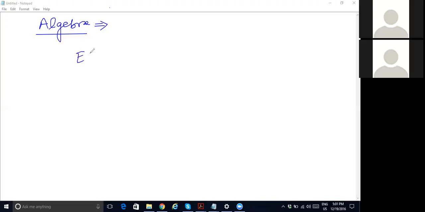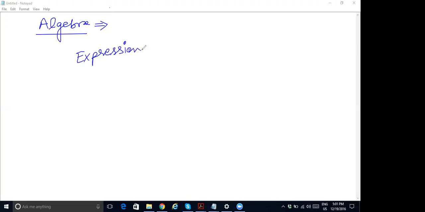Before we start algebra, let's go over a few terms that we use very frequently: expression, equation, and formula. What is the difference between these? I know an equation is like x plus y is equal to 5, for example.